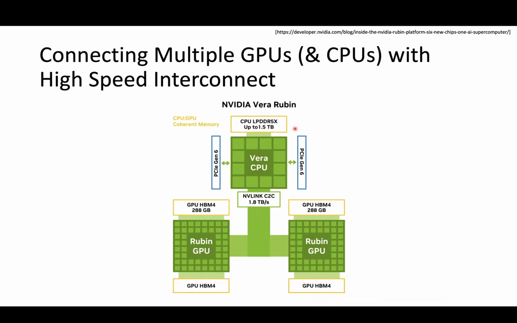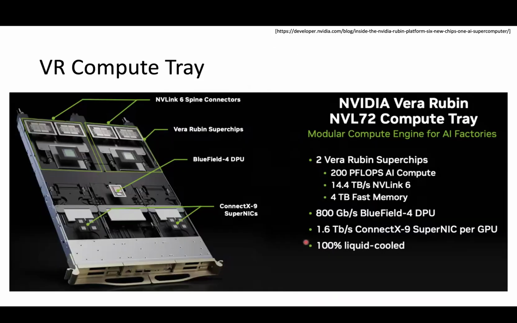There are 2 key things. Besides the CPU, we have very large DRAM, and this DRAM can be accessed by GPU programs using a very high-speed interconnect. That's the basic idea of this architecture.